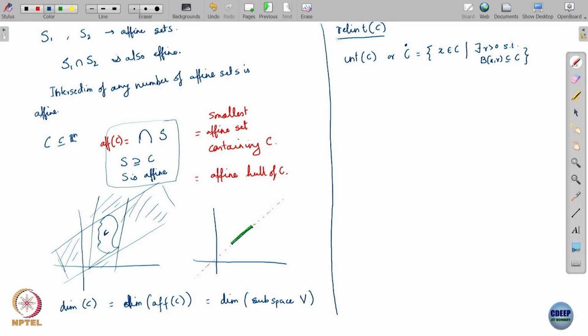It is also the same as taking the union of all open sets that are contained in C. So, this was the definition of the interior of C. By this definition, if I took a little segment like this in R2 as my set C, does this segment have an interior?